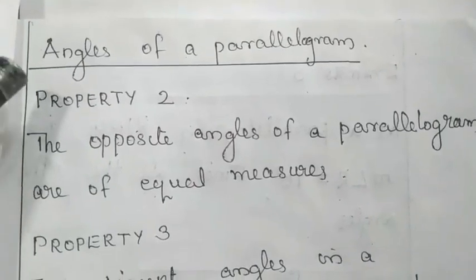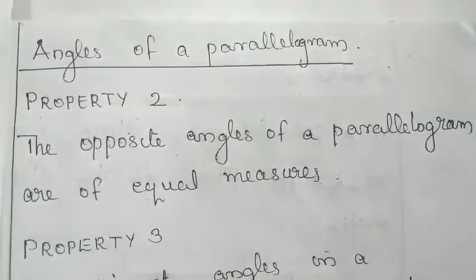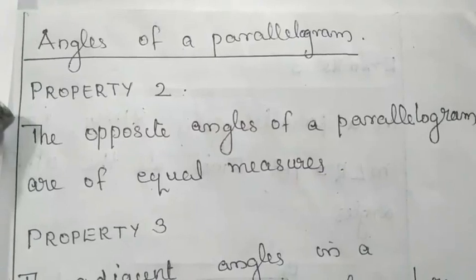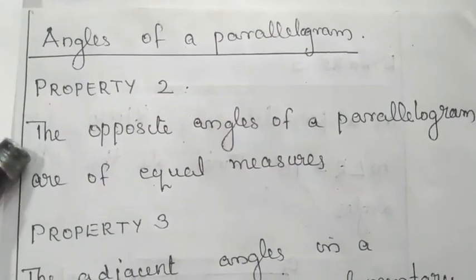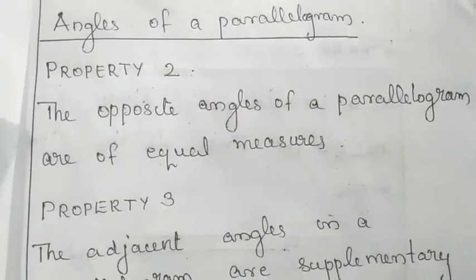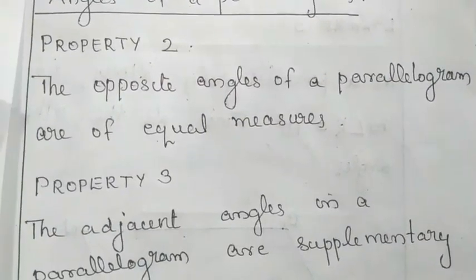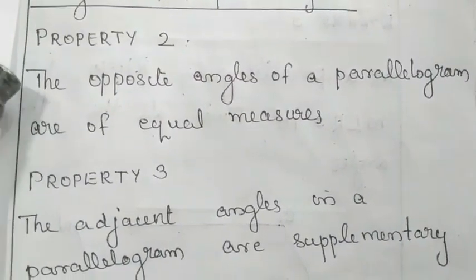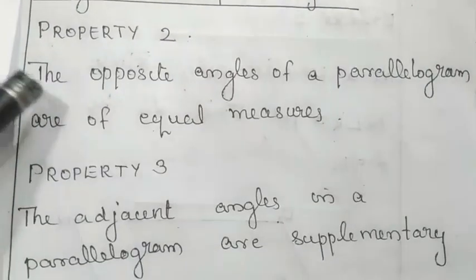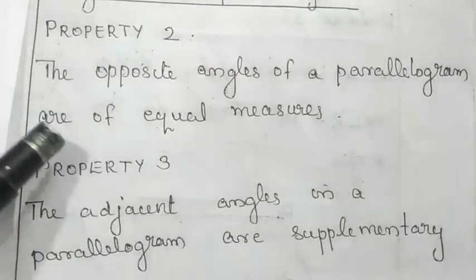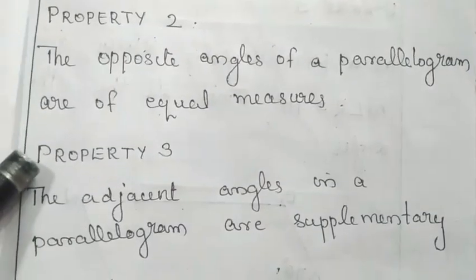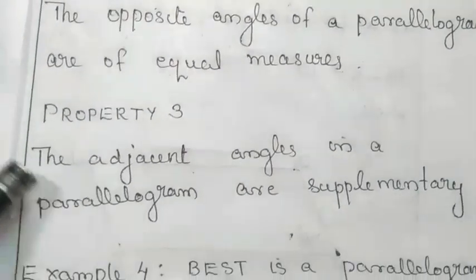The next property is about the angles of the parallelogram. First, the opposite angles of a parallelogram are of equal measures. We found the opposite sides are equal; here the opposite angles of a parallelogram are of equal measures. Another property, the adjacent angles.